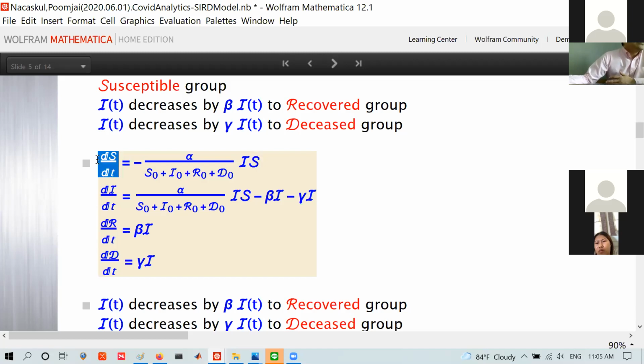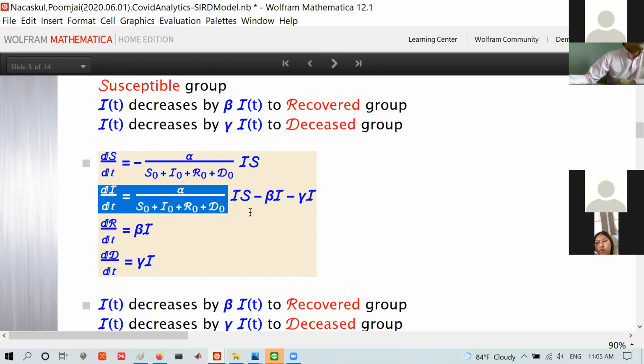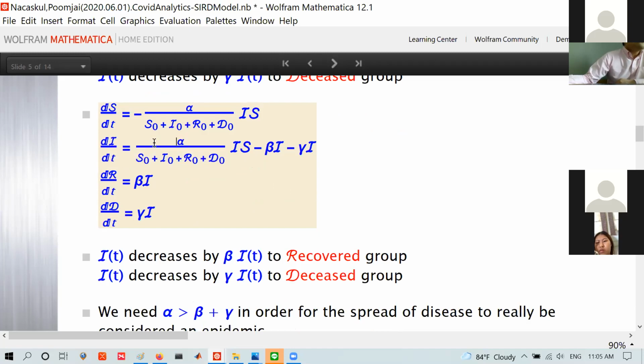Because the number of changes of cases per day is also proportional to how many you have already. Now, the infectious rate, I mentioned earlier. Forget this, it's just a coefficient.